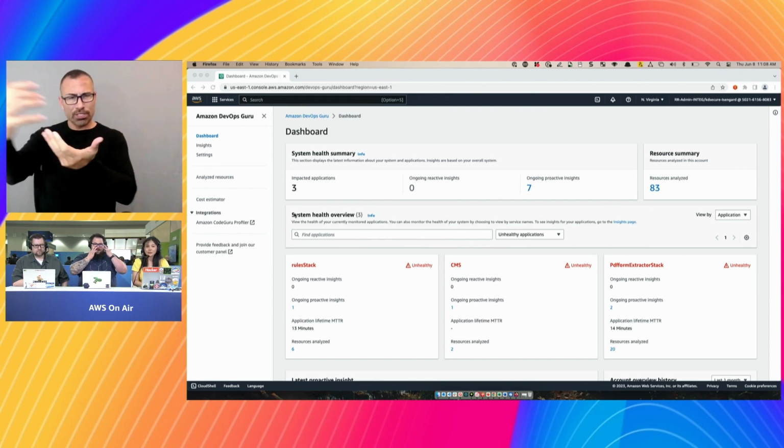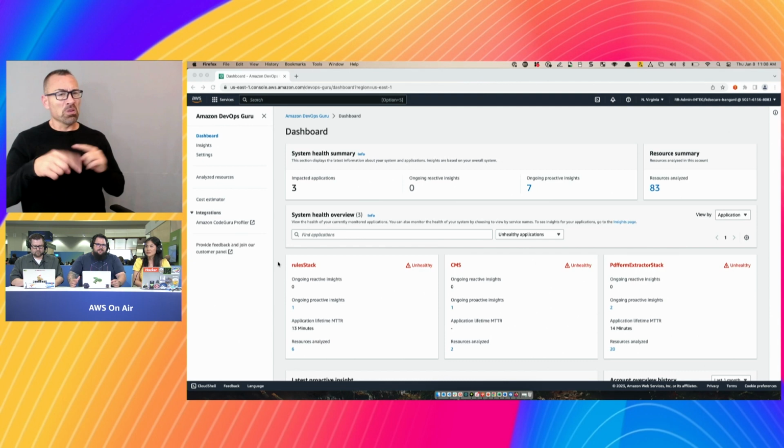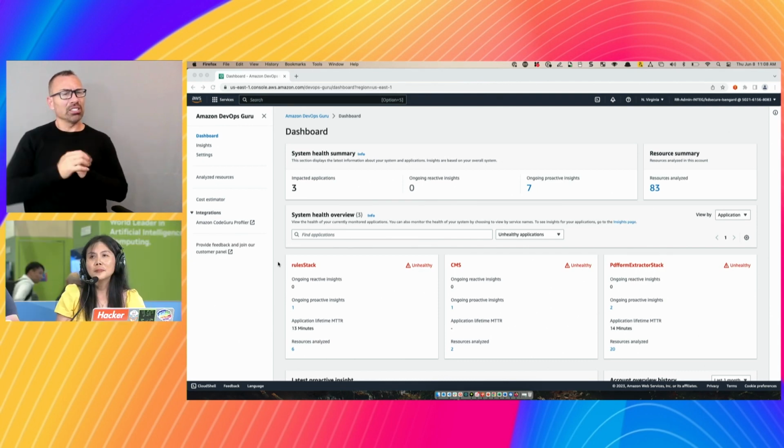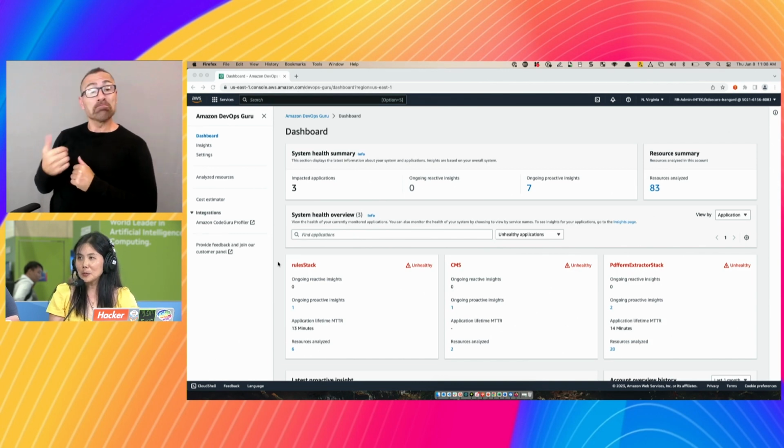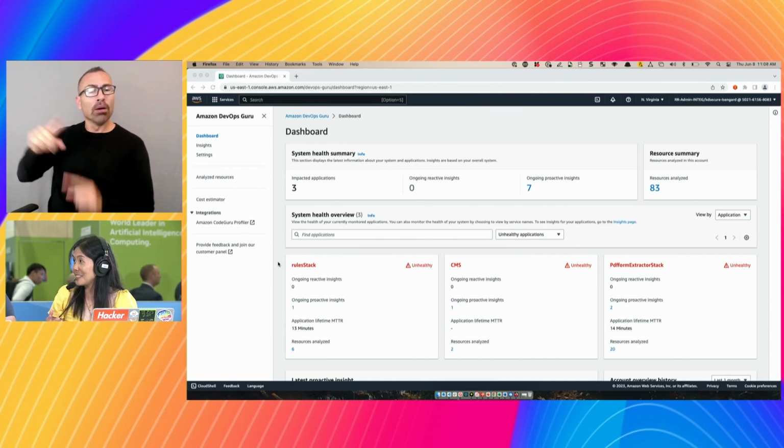Now, when we're looking at this, what would you say are some common use cases for a customer that would want to start using Amazon DevOps Guru? Nowadays we build our applications with lots of Lambda, so building a monitoring system from scratch is a lot of work.